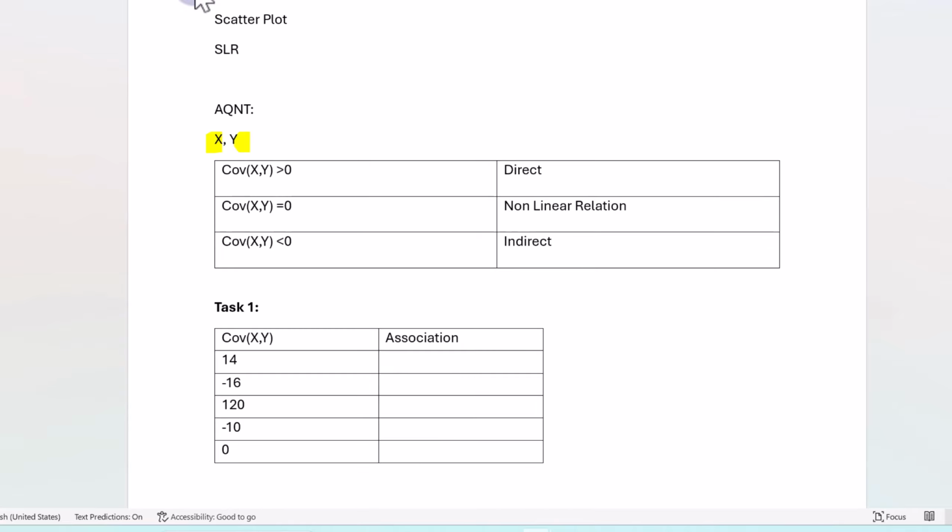When we calculate the covariance of x and y, covariance can be positive, zero, or negative, and it can take values from minus infinity to plus infinity. If covariance is positive, this is a sign of direct relationship. That means if x goes up, y is also going up, and the other way around is also true: if x decreases, y is also decreasing.